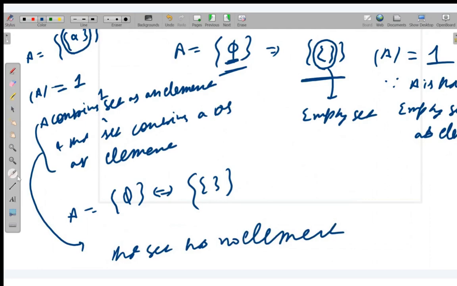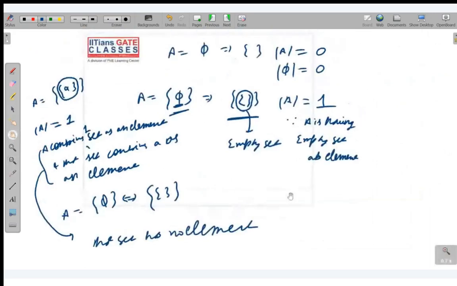Are you getting it? So A's cardinality is 1 because it has one set as an element, and that set contains no element. No problem. But we have an element in this set. Set A is having one element, and that element is an empty set. Okay, so cardinality will be 1.